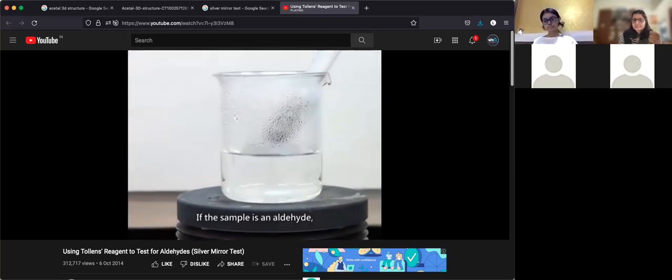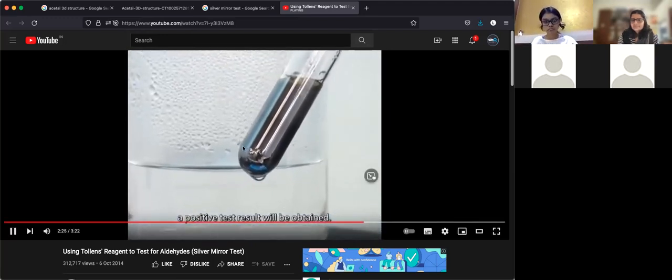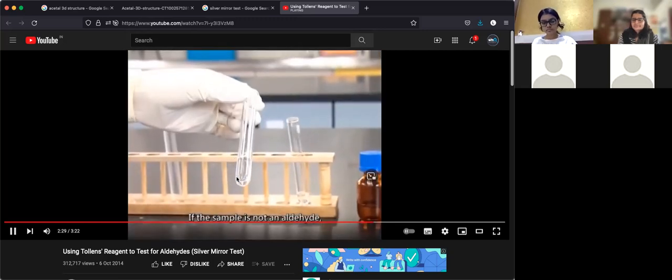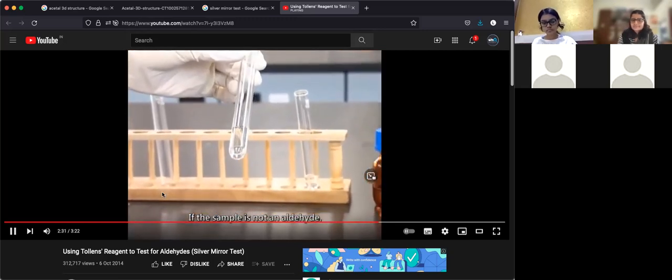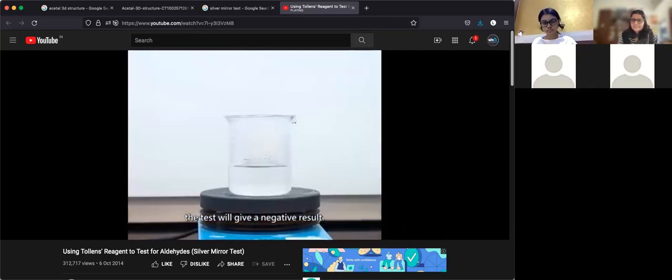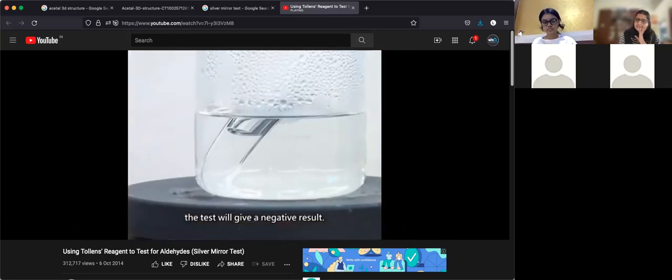If the sample is an aldehyde, a positive test result will be obtained. So there you go, silver mirror. If the sample is not an aldehyde, the test will give a negative result. You do the same thing. So there's nothing formed.